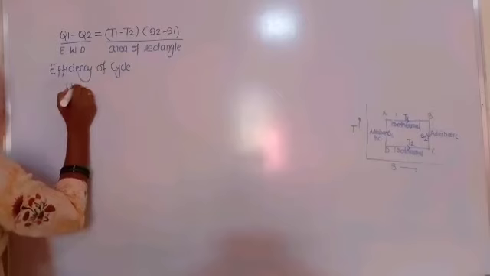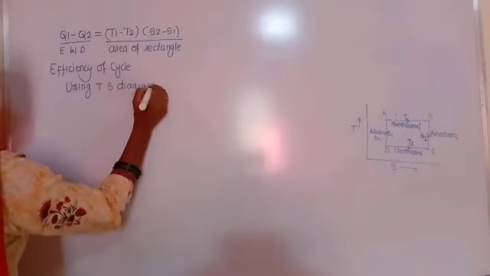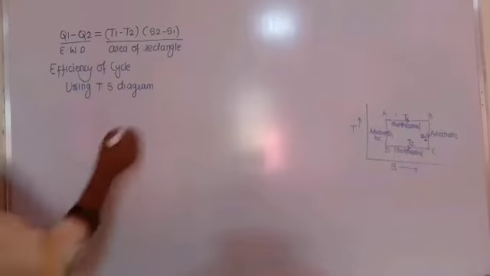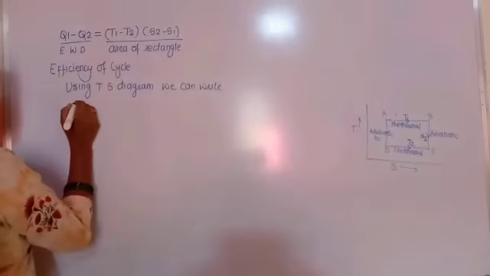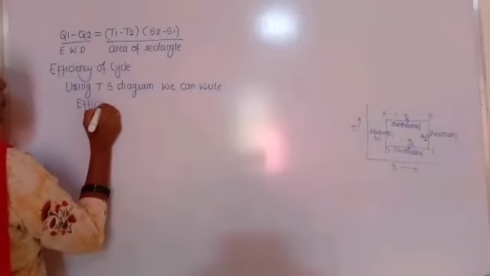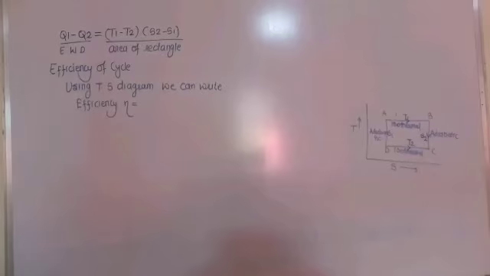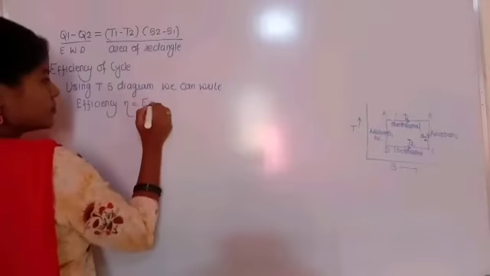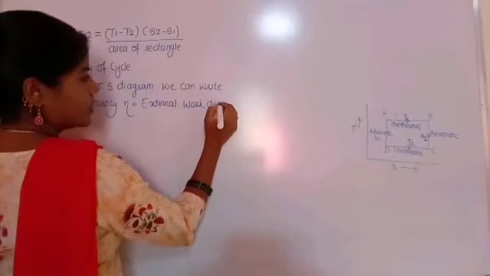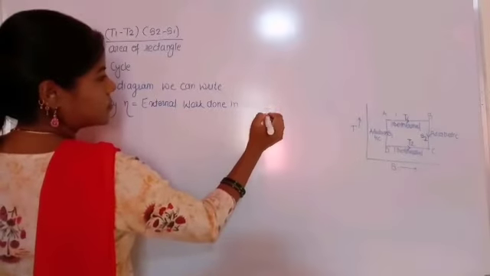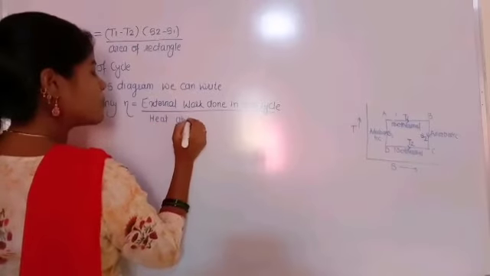Using the TS diagram, we can write the efficiency eta equals, we have the formula for the efficiency, the external work done in one cycle divided by the heat absorbed.